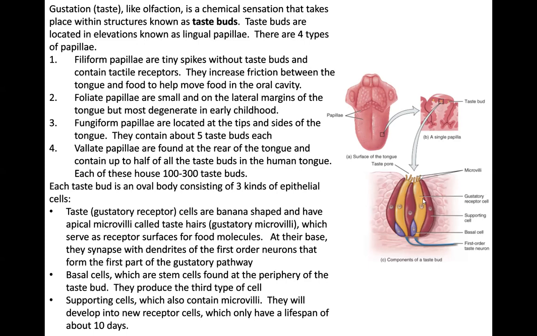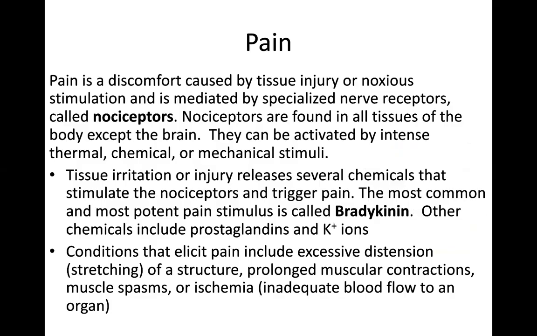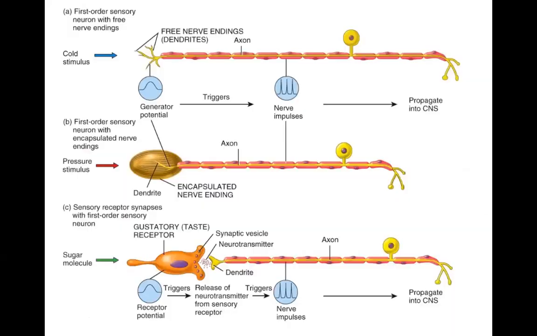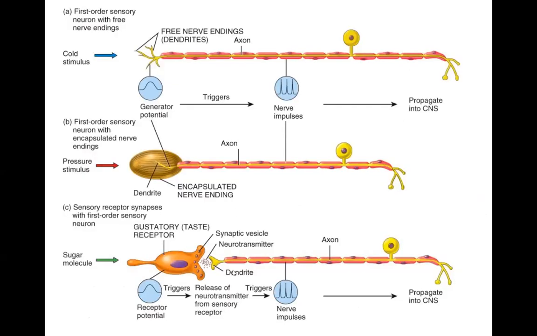Now, these are unlike the olfactory receptor cells that we talked about last time, because olfactory receptor cells are actually neurons. These are examples of separate, specialized cells that synapse with the first order neurons. And we saw this illustration the other day.